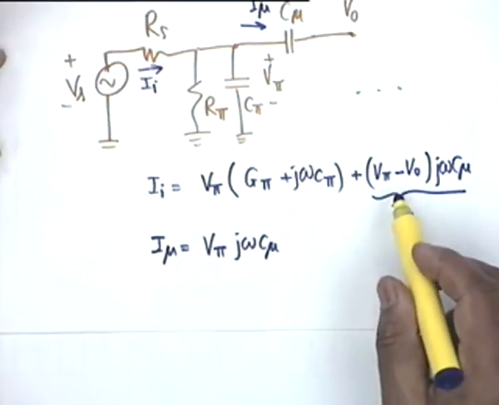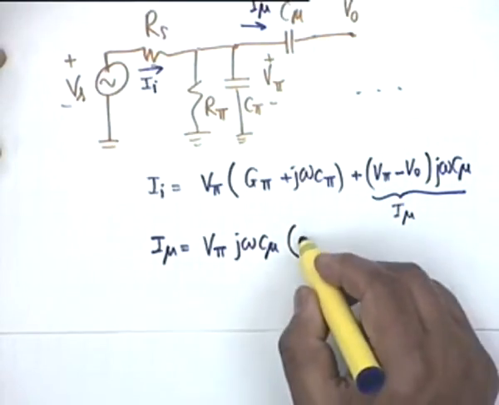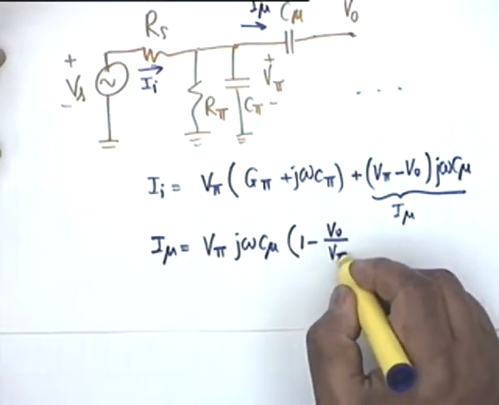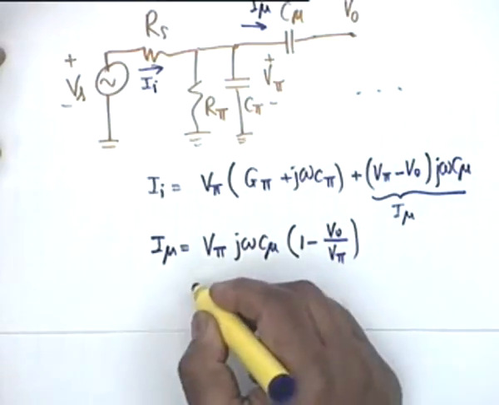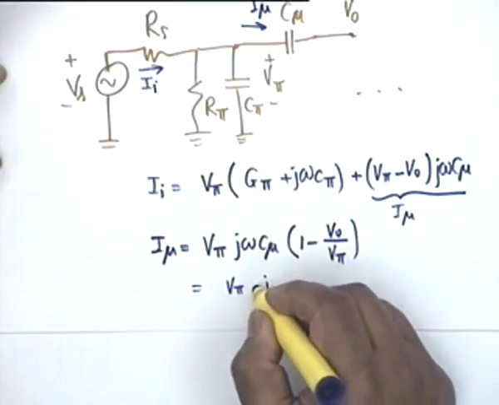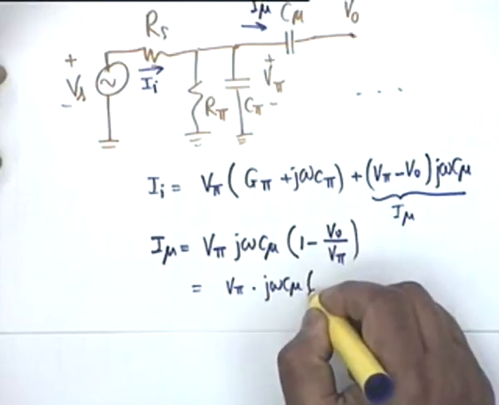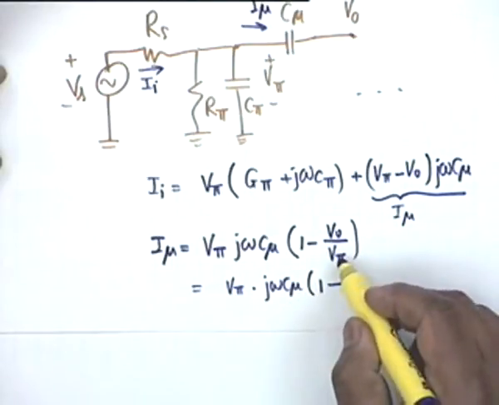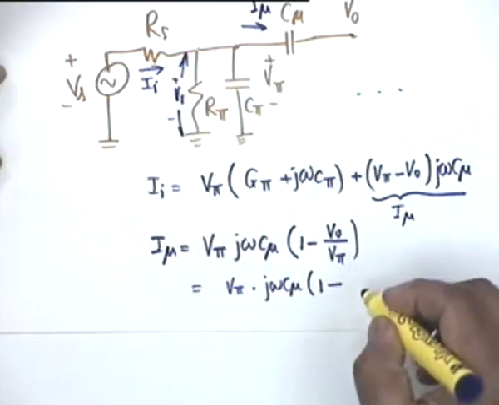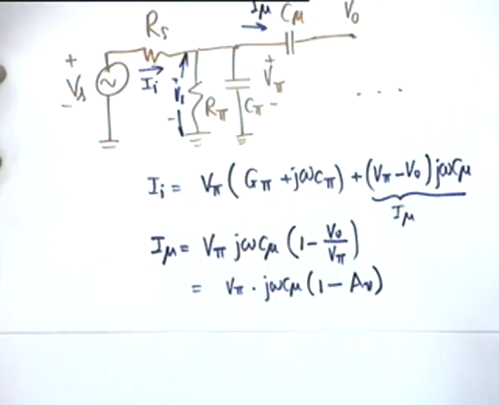I take V pi common, multiplied by 1 minus V0 divided by V pi, which is equal to V pi multiplied by j omega C mu times 1 minus... what is this? V pi is the same as Vi? It is AV.